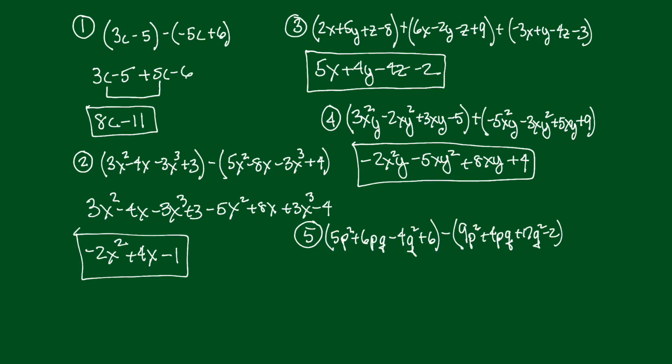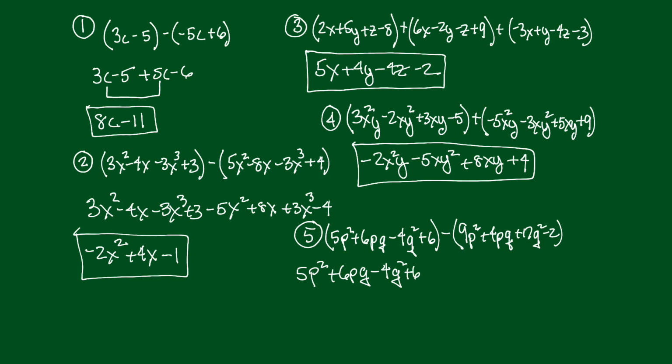All right, now here in number 5, I've got a 4-term polynomial minus another 4-term polynomial. So let's remove the parentheses first. So I'm going to go ahead and do this one. So it will be 5p squared plus 6pq minus 4q squared plus 6.